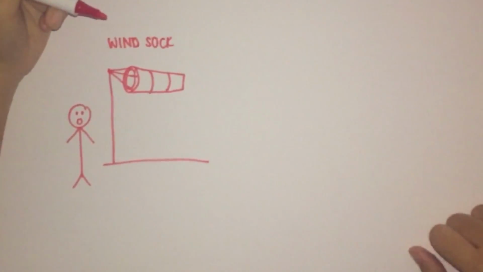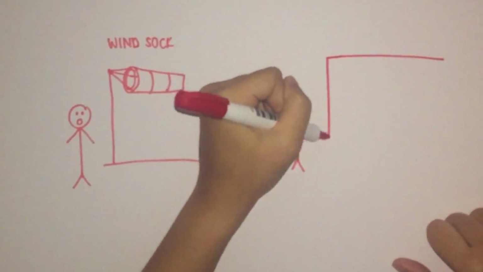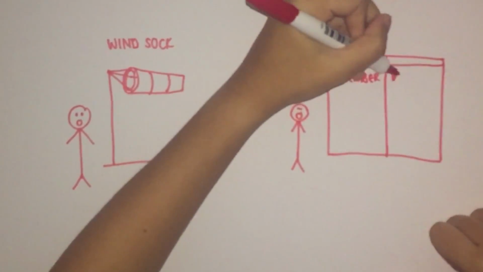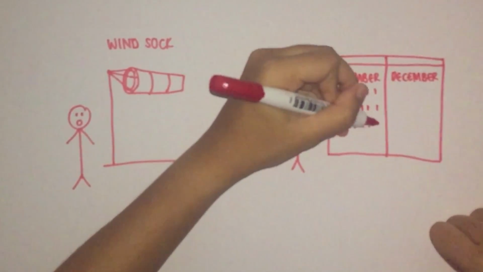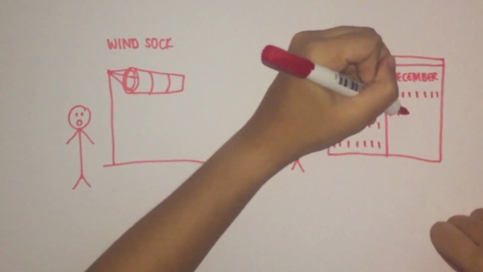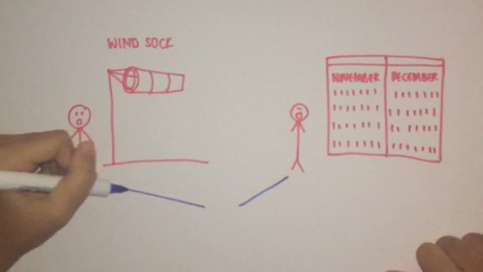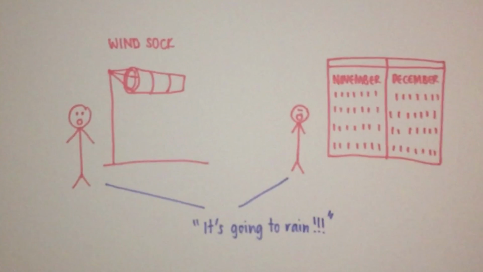For example, we could see that strong winds and high humidity usually precede rain. Therefore, when we see strong winds and high humidity, it is going to rain. Or we could see that in Singapore, it has rained more during December and January in the past, so that must be the case for the following years.